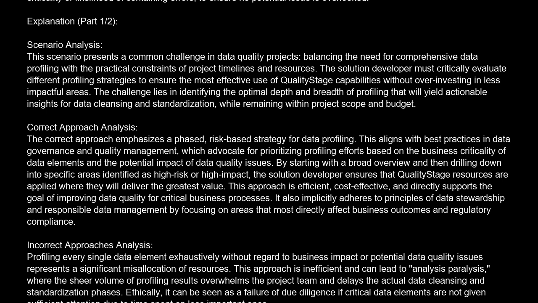This approach is inefficient and can lead to analysis paralysis, where the sheer volume of profiling results overwhelms the project team and delays the actual data cleansing and standardization phases. Ethically, it can be seen as a failure of due diligence if critical data elements are not given sufficient attention due to time spent on less important ones.